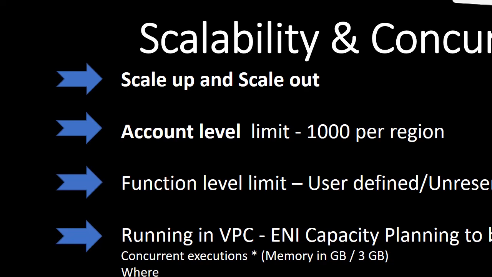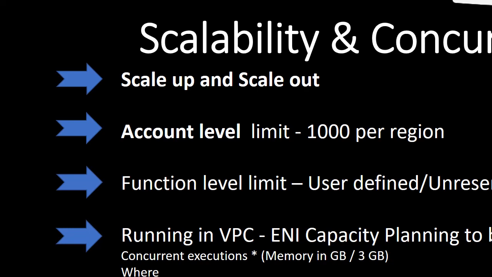For example, if you have two functions and one function has been defined with 10 as its concurrency limit, then the remaining 990 can be used by the other function. If I don't define even the first one, it can take up to the 1000 limit.